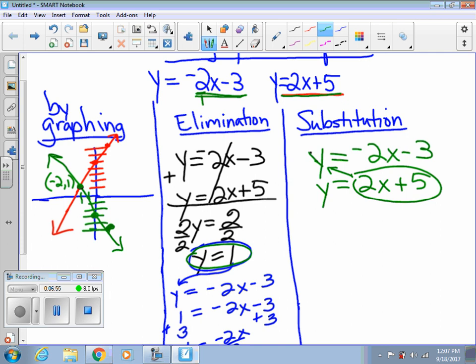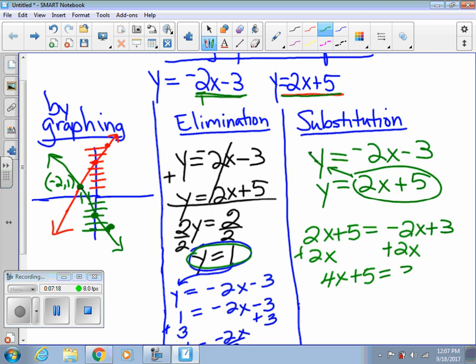Because y equals 2x plus 5, I can say 2x plus 5, which is y, is equal to negative 2x minus 3. I'm going to get all my x's on one side and solve for x. So I get 4x plus 5 equals 3.